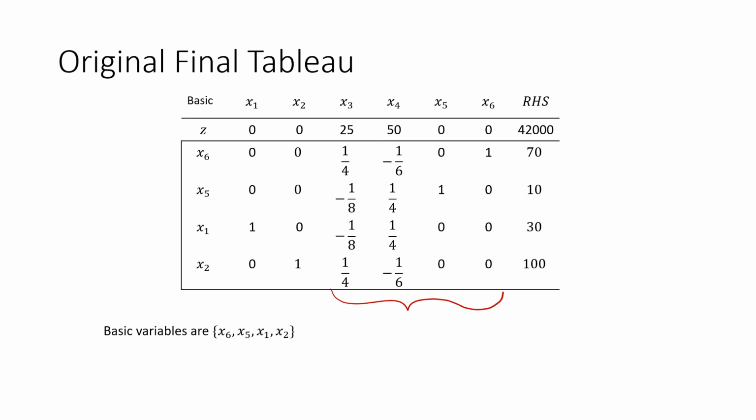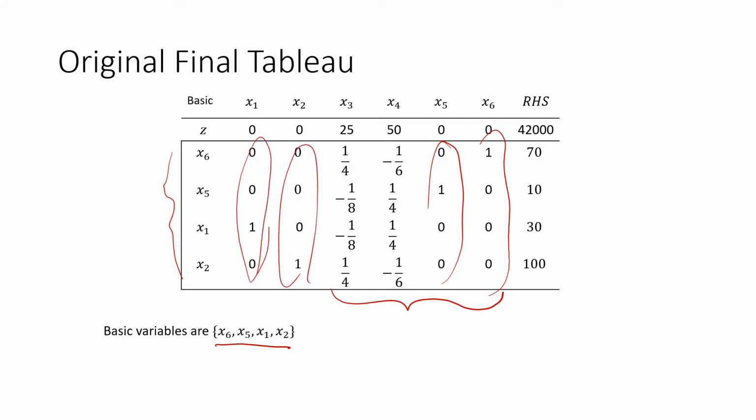So what we have here was our original final tableau. What are the basic variables? x6, x5, x2, and x1. You just read them from down here: 6, 5, 2, 1. Actually 6, 5, 1, 2, keeping them in order. Because if you read down, you see x6 is the first column of your identity matrix, x5 is the second column of your identity matrix, and so on. So there is an order to them.